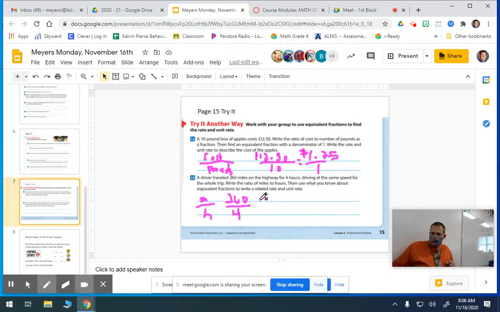Do what the fraction says. Push it in on your calculator. 260 divided by 4. Jose? 65. For 1. So that means 65 miles per 1 hour.